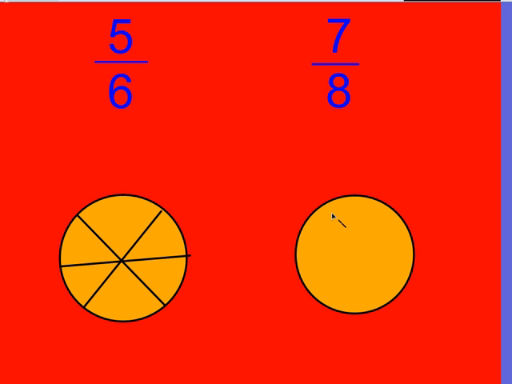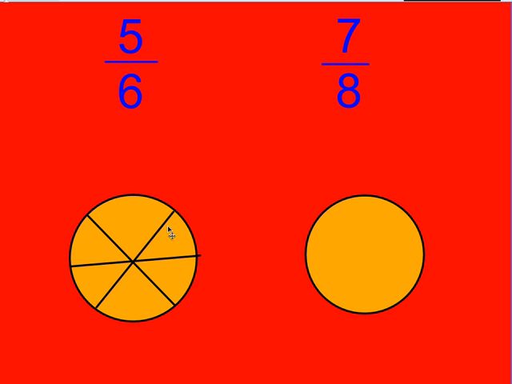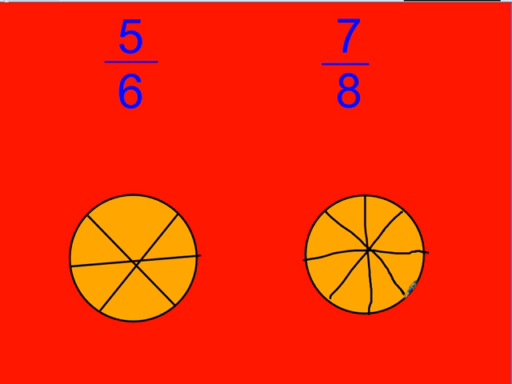Okay, they're not the greatest. Maybe if I move this one just up here. So if I just look at this, I am getting 7/8 of this pizza, and I'm getting 5/6 of this pizza.